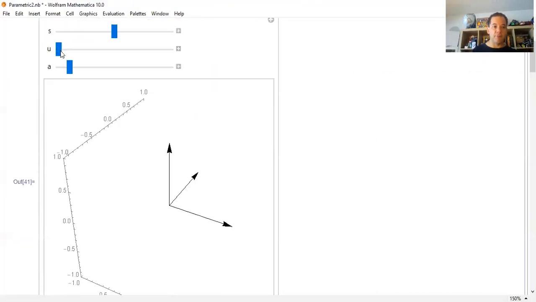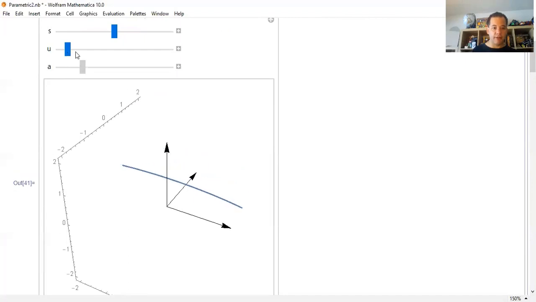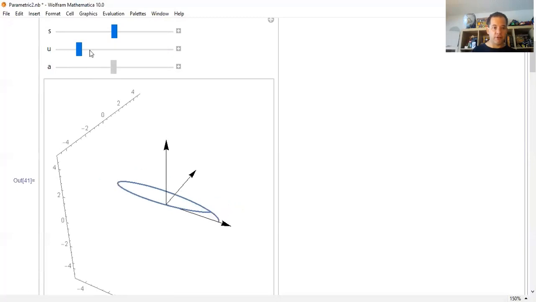Okay, so between 0 and 2 pi, I'm too close, let me back up a little bit. All right, that's good. So just like we were saying, between 0 and 2 pi, it goes around in the form of an ellipse. And after 2 pi, you're exactly 1 unit high, right?